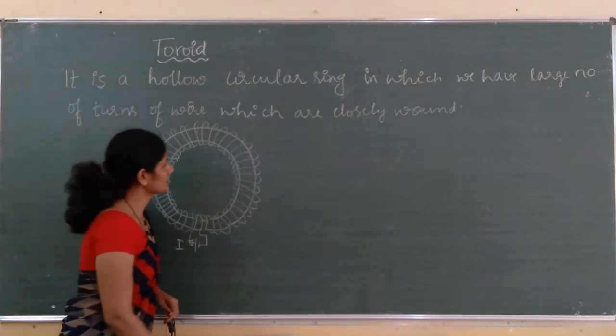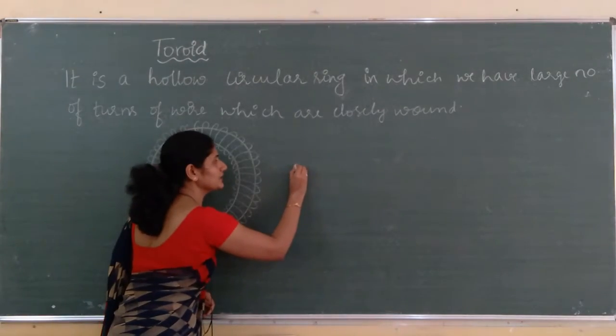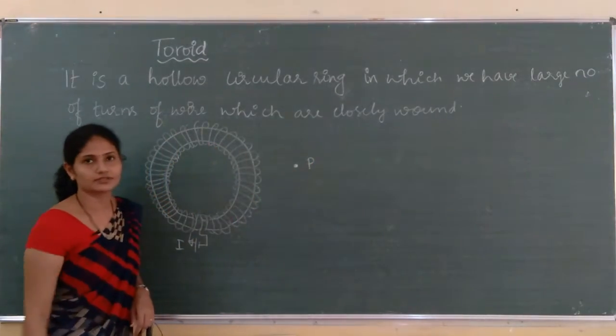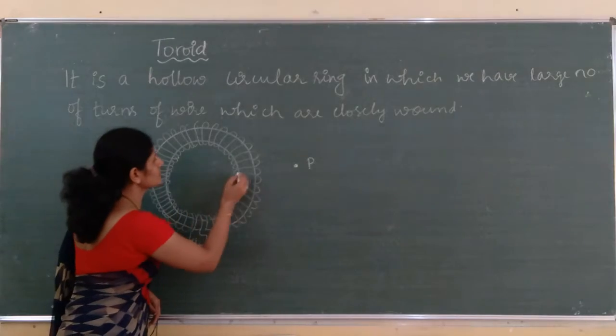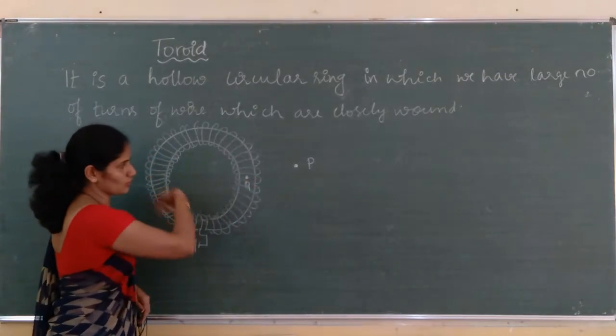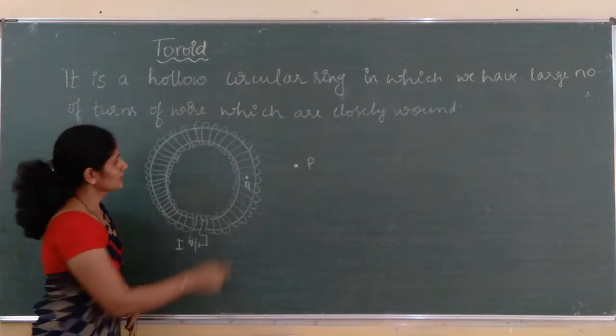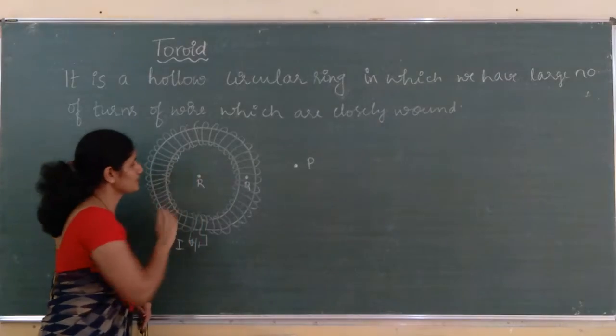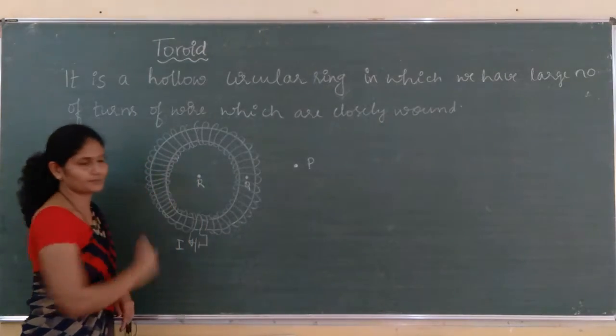Now, let us consider a point P outside the toroid. Similarly, I will consider a point Q within the toroid or inside the toroid, and there is a point R here.